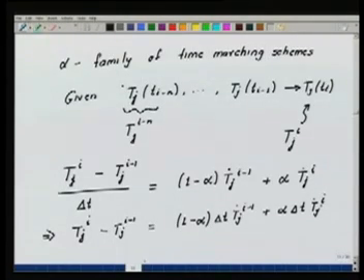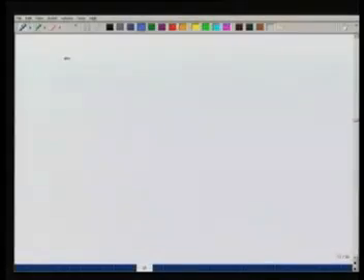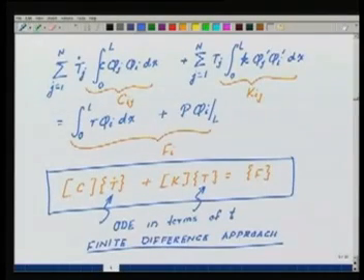So now what can we do? If you remember our differential equation, let us assume that the small c is not a function of time. Similarly, k is not a function of time.